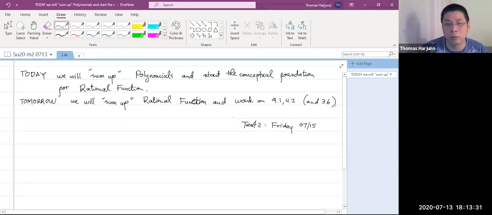So the material will be section 2.7, 3.1 to 3.6, and 4.1 to 4.4. That's the material for your test 2.